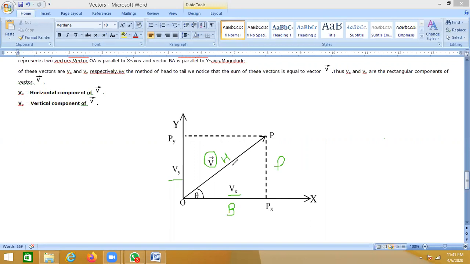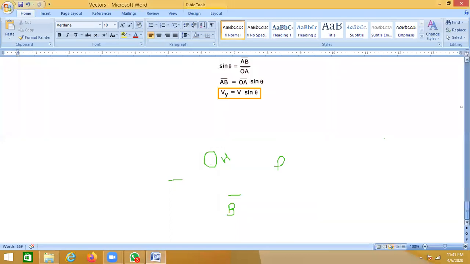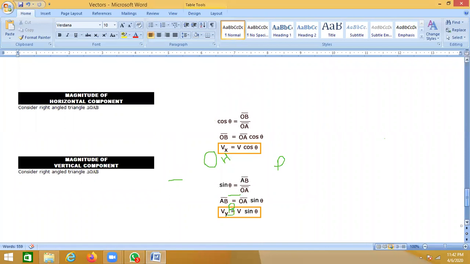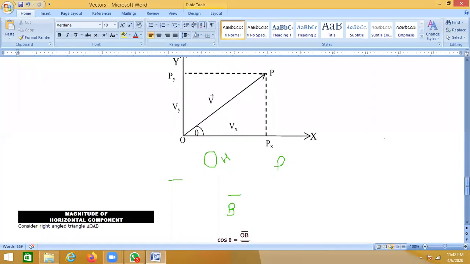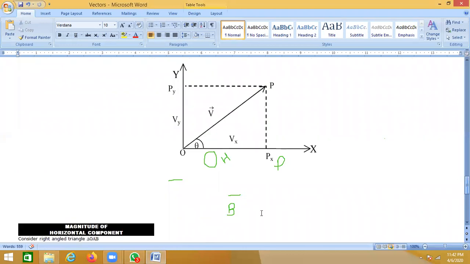So in order to derive the formulas we will be using the trigonometric identities. Okay, so when we look at the trigonometric identities, we have two formulas, cos theta and sine theta, right? So let me show the derivation here on the board to you.